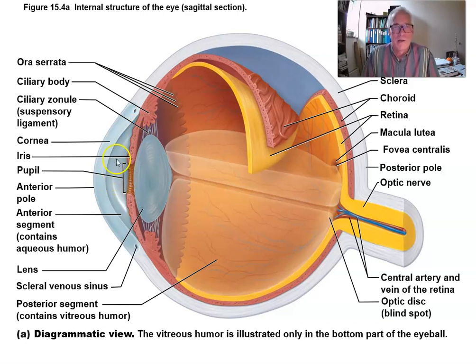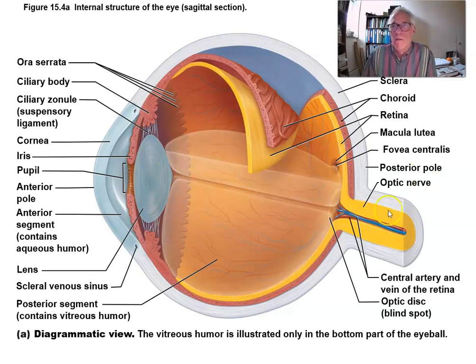And then here in the front we have this anterior chamber of the anterior segment. It turns out that the ciliary body, which has this ring of smooth muscle, also has secretory cells that produce a watery fluid called the aqueous humor. And we'll see more about that in a little bit.